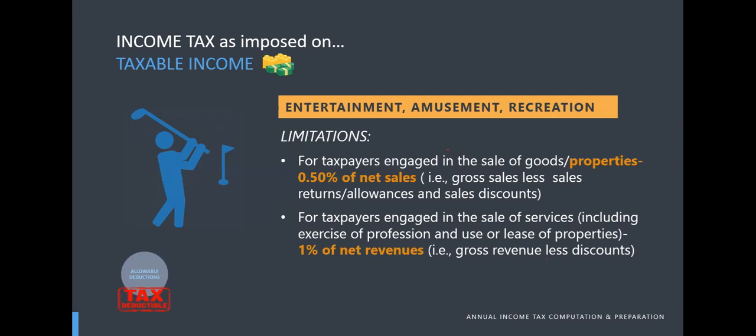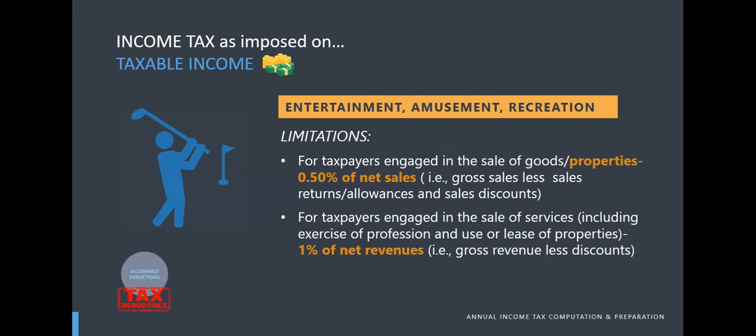The amount of net sales times 0.5 times 1%, the amount of net sales of goods times 0.5%, and the amount of net revenues times 1%.